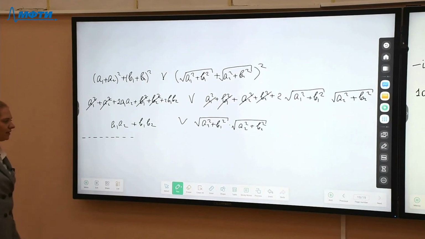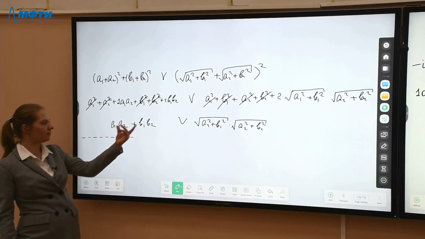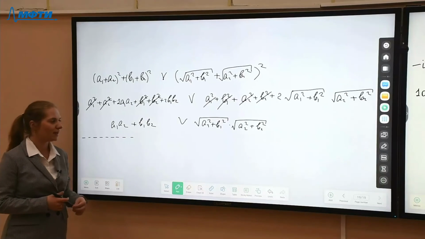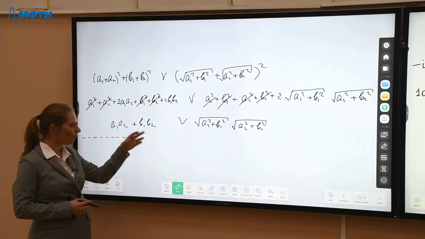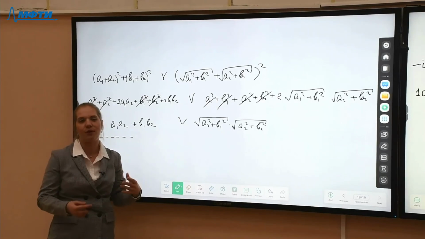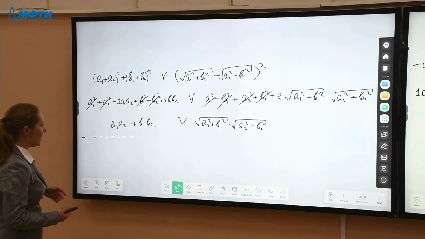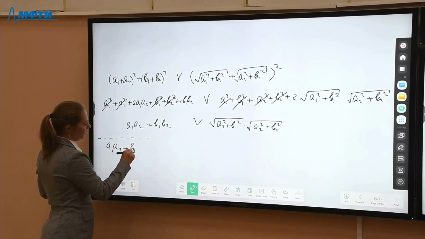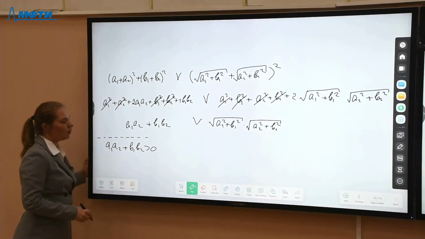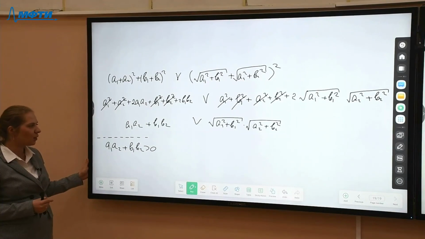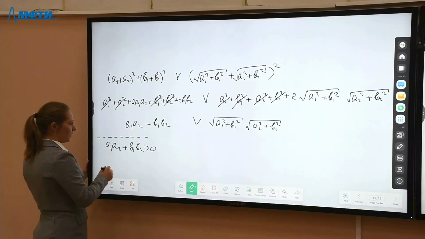Now let's consider this problem. Well, first of all, if this expression a1 a2 plus b1 b2 is less than 0, we can say that this is always less than this part, because this is the product of two square roots, so it is always non-negative. If a1 a2 plus b1 b2 is greater than 0, we can say that we have two positive parts, so we can square them.